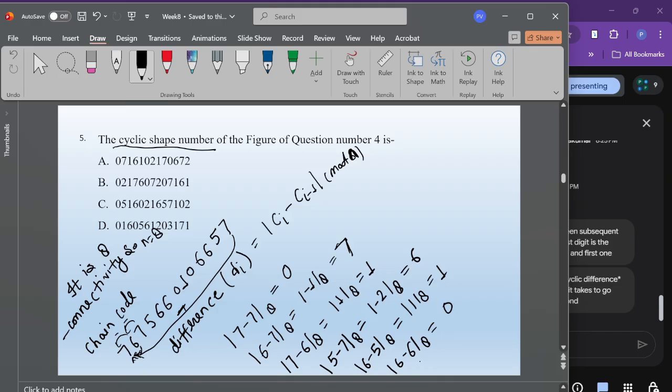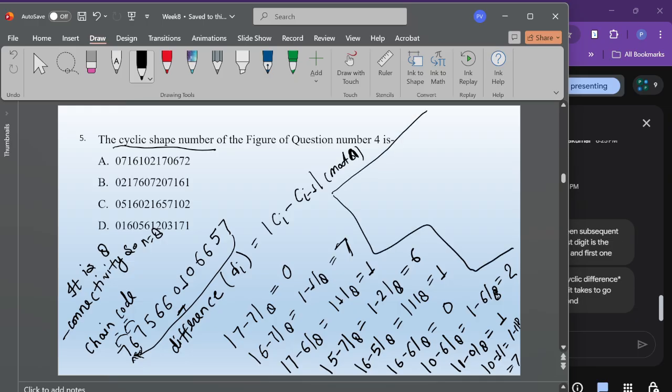Right? Now the next one is 0 minus 6 mod 8, so here you will get minus 6 mod 8. If you again take the difference, here you will get 2. Now next one is 1 minus 0 mod 8, so here you will get 1. Now next one, 0 minus 1 again, so minus 1 mod 8, so here you will get 7. Now I'm just writing it here. So 0 minus 1, till now 1; next these 4 bits are left.